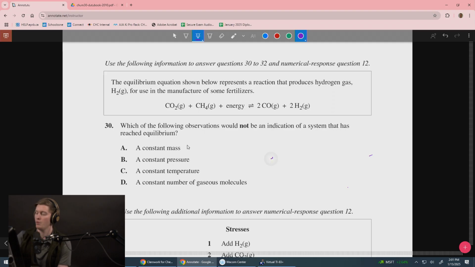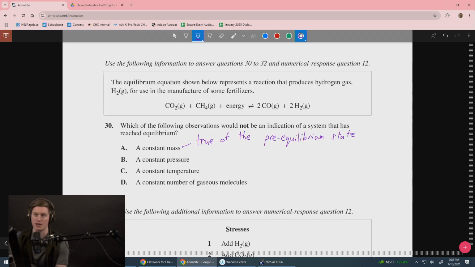However, one of these is true of the system before it reached equilibrium, and that's a constant mass. This would be true of the pre-equilibrium state. So if you mixed together your carbon dioxide and your methane, and then you were measuring the pressure, the mass, the temperature, and if you could, the number of gaseous molecules, you would see that the mass was the same at the start as it was at the end.